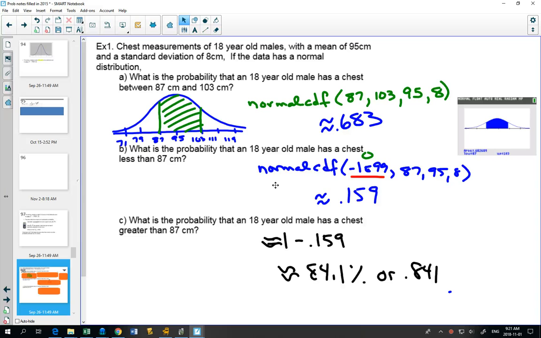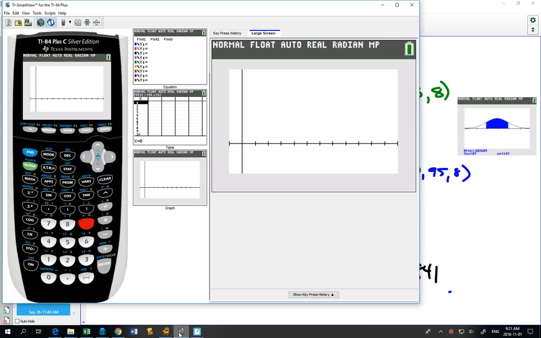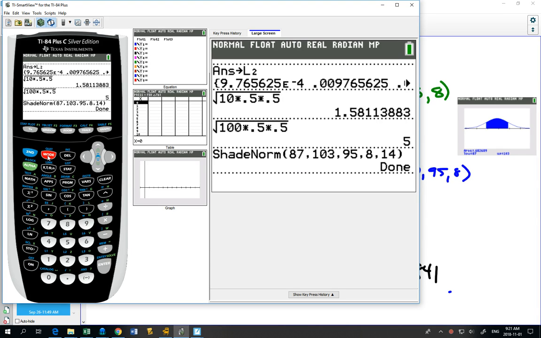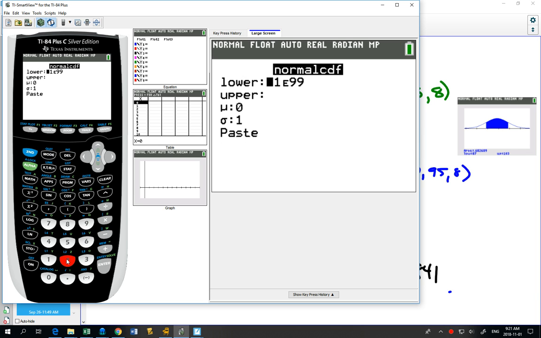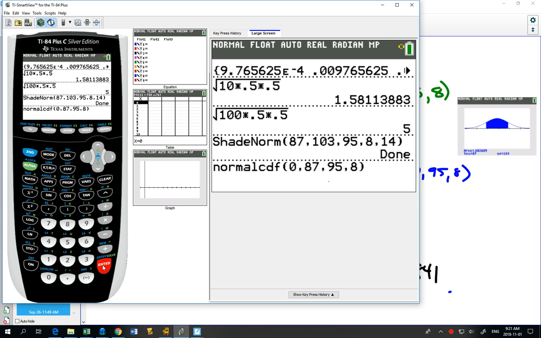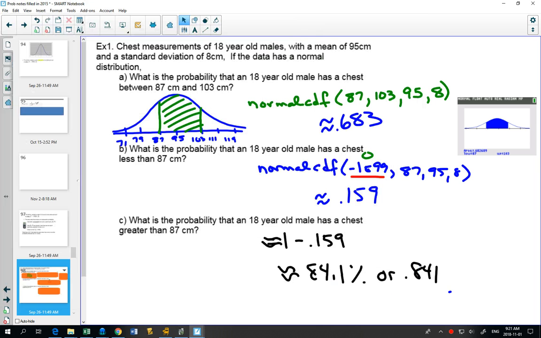Put in 0 there. So let's go to Normalcdf. Oh, is mine working yet? Okay, mine's working again. Good. So second distributions, Normalcdf. Plug in 0, an upper of 87, mean 95, standard deviation 8, 15.9, same number.